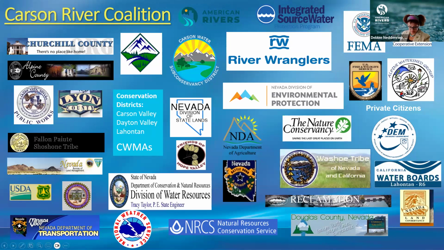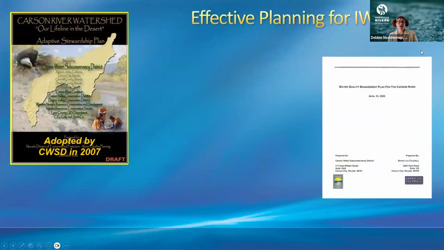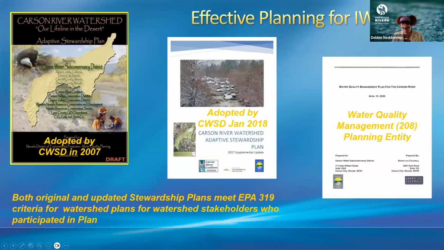Next slide. And so, of course, effective planning requires plans. And so one of the things that we did, go ahead and click so those other ones come on, is that we created this Carson River Adaptive Stewardship Plan, or the CRASP. And the great thing about the CRASP is it allows all of the stakeholders named in it to be eligible for Clean Water Act 319 funds.